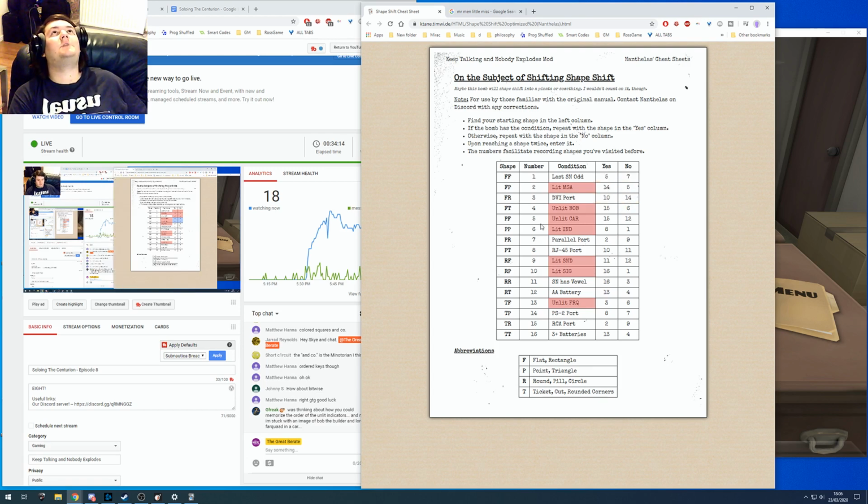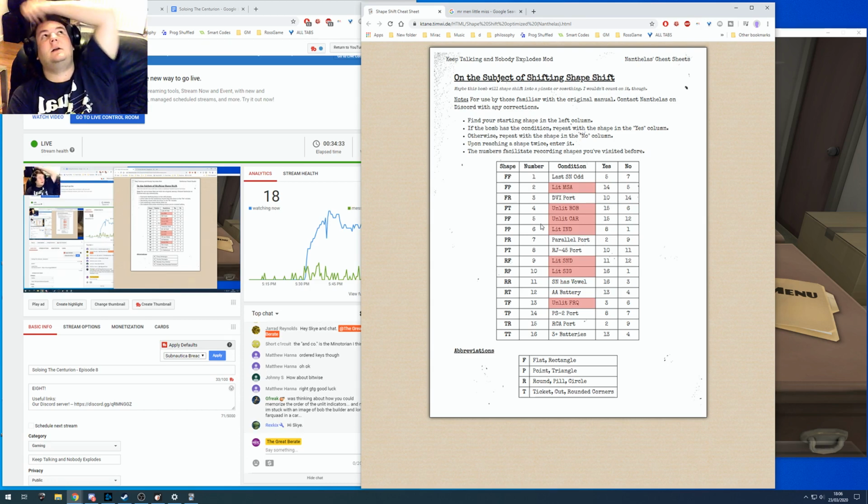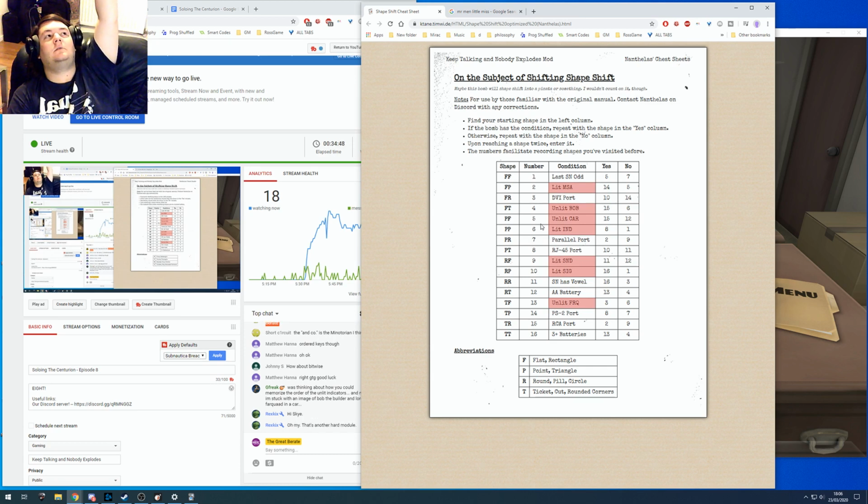So we've got 5-7, 10-5, 5-7, excuse me, 14-5, 10-14, and then it's 15-6, 15-12. We should probably do that with the rules, right? So rule 1 is odd serial digit, 5-7. Rule 2 is a lit MSA, and it's 14-5.